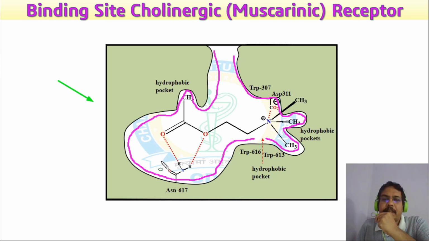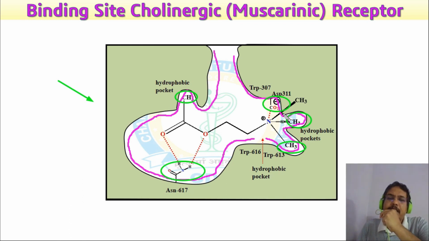The first is asparagine, then the other one is the anionic zone, which is generated through aspartate, and some are hydrophobic areas, the hydrophobic pockets where the interaction occurs.